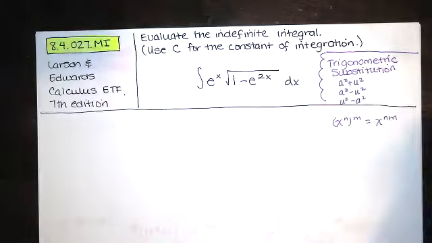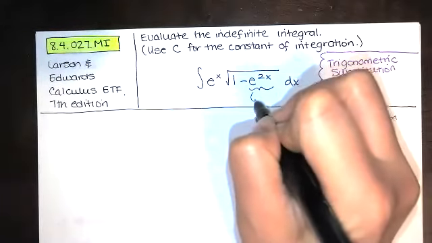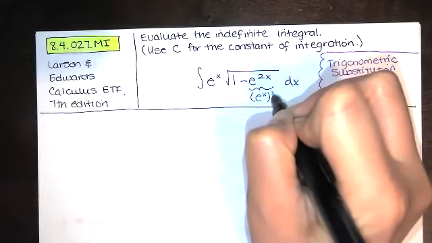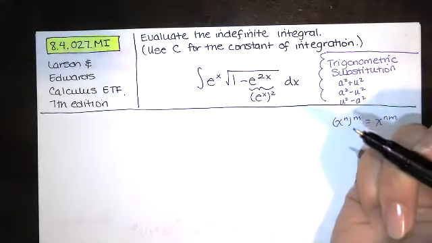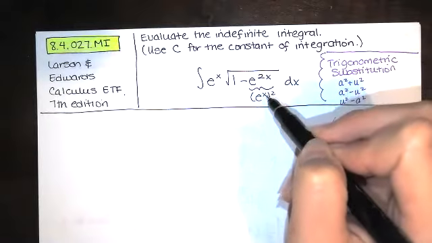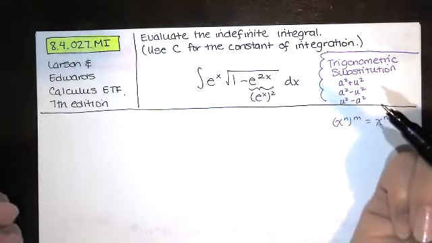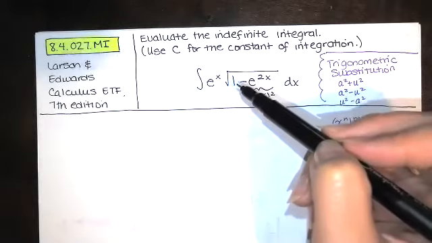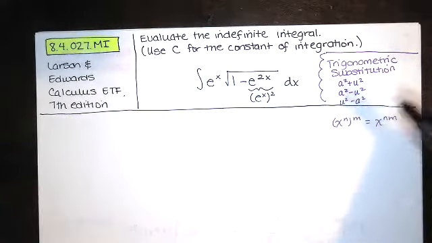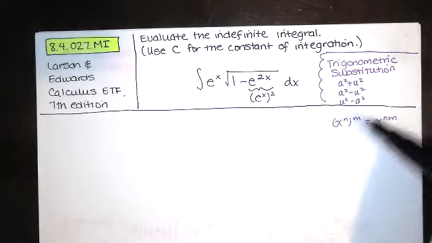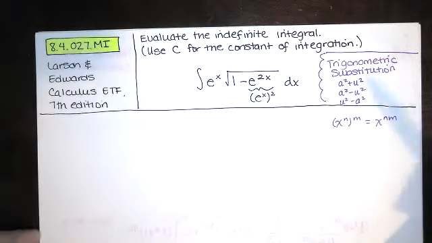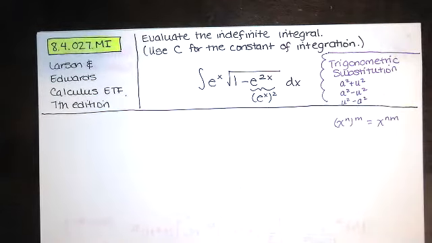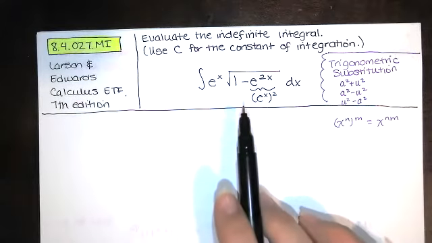So this e to the 2x can actually be rewritten as e to the x, squared. Or if I let u equal e to the x, that's going to be a u squared. And since we're in the trigonometric substitution section and I've got a 1 squared minus u squared, well, now it's starting to look more like a trigonometric substitution problem. So yeah, that's how I would start this.